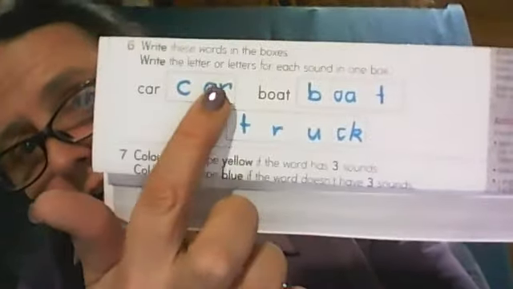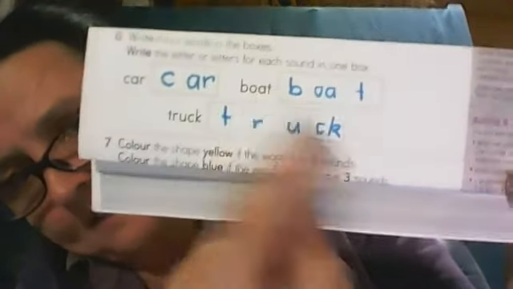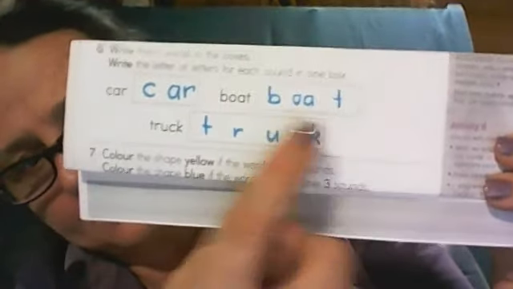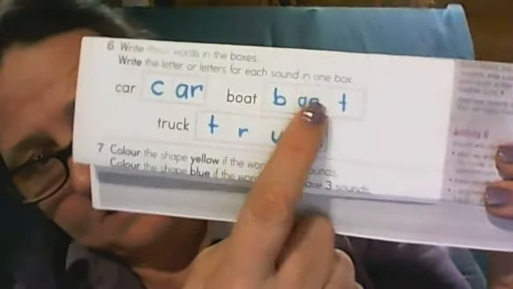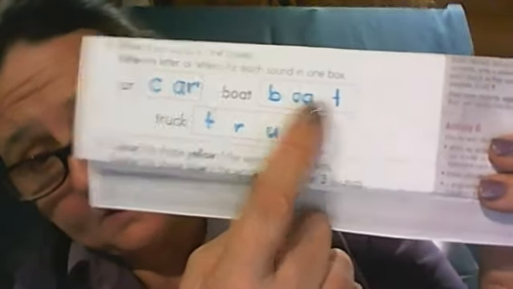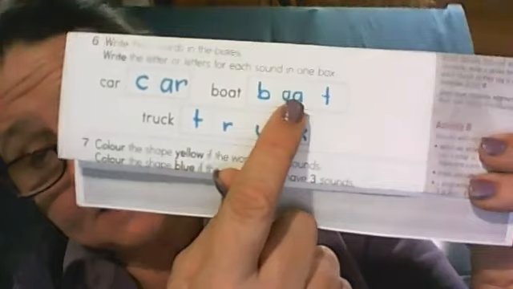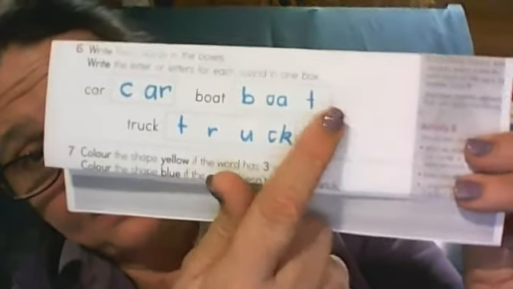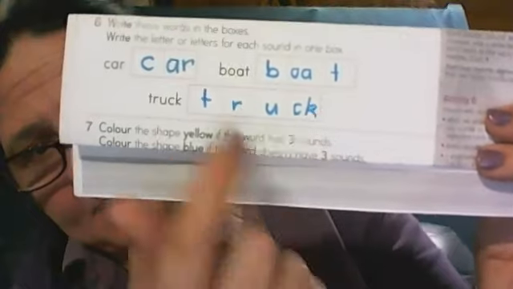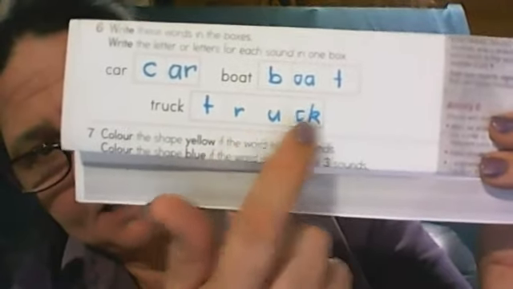K, R. And then for boat, I put B in a box by itself, O, T. O and A together make that sound, but it's only 1 sound. 2 letters, but it's only 1 sound. And then for truck, T, A, K. How are you going? Are you getting them right?